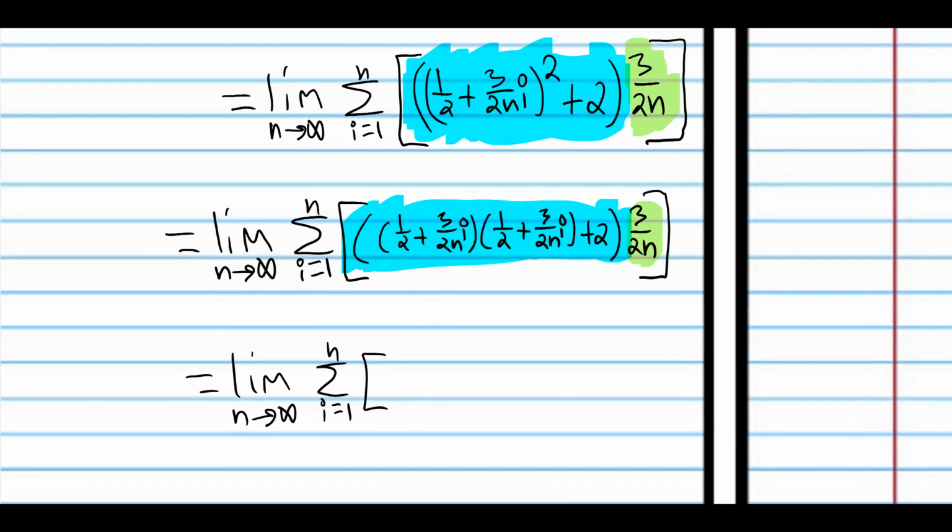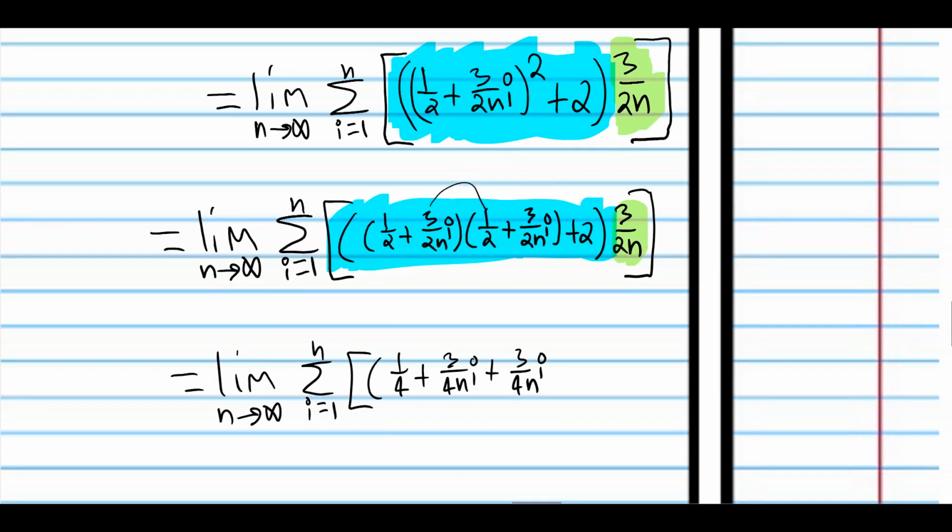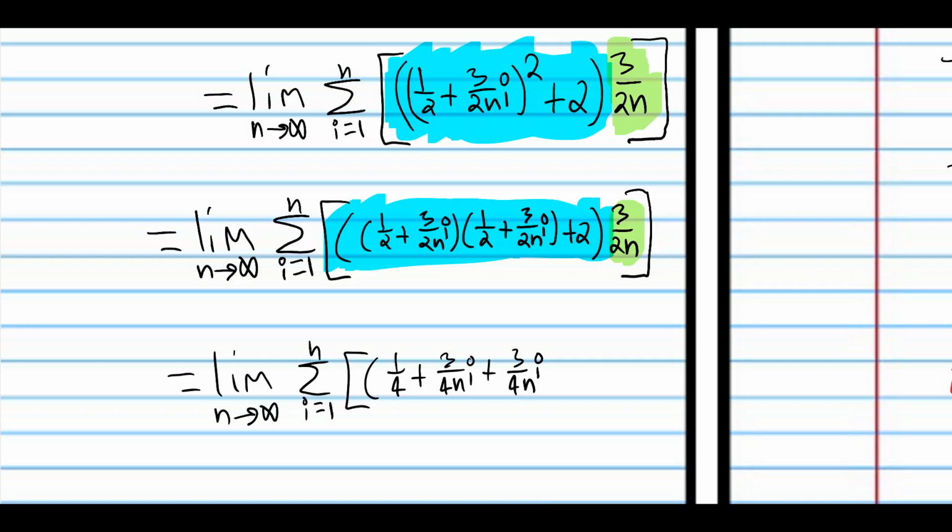So using FOIL, 1/2 times 1/2 is 1/4, and then we get 3 over 4 ni plus 3 over 4 ni. Again, outside terms multiplying, inside terms multiplying. And then the last terms multiply, and we get 9 over 4 n squared i squared.